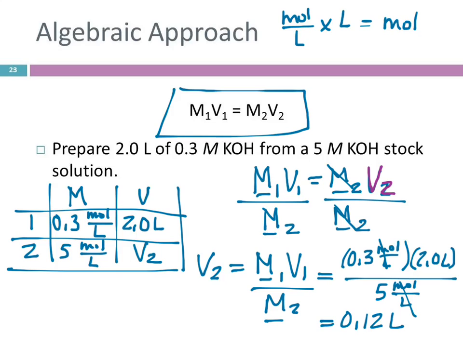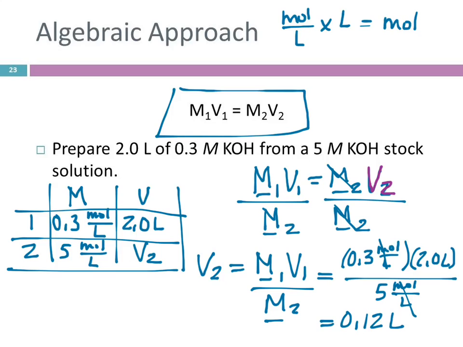So does 0.12 liter really address what it tells us to do? Is that an answer to how would you prepare 2 liters of 0.3 molar KOH from 5 molar KOH? 0.12. Not really an answer.